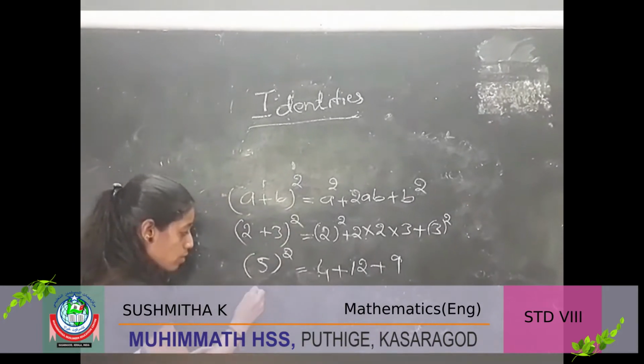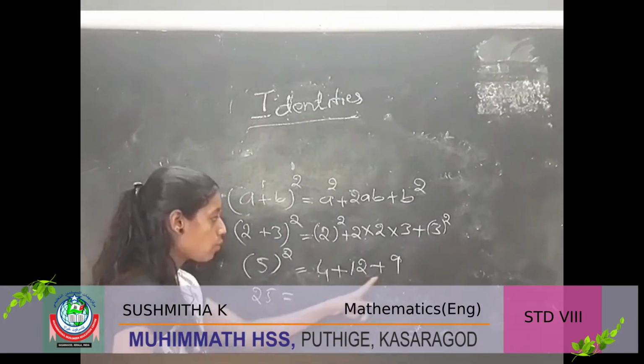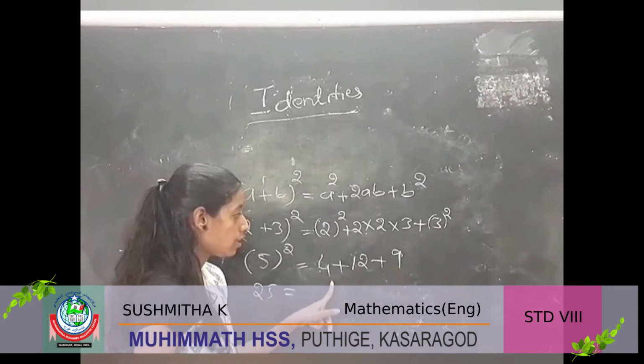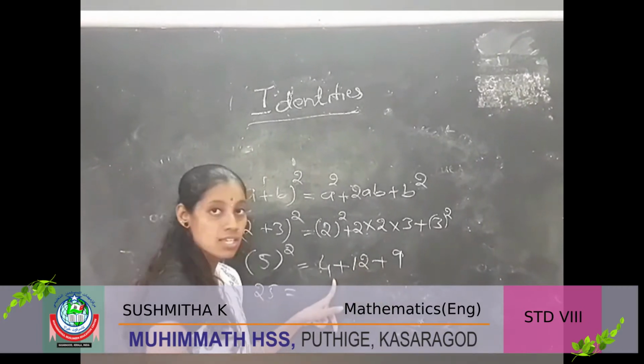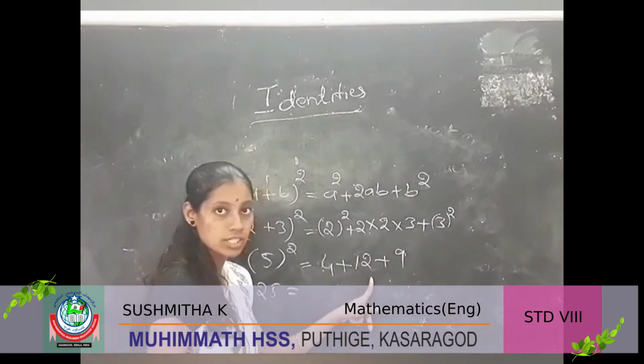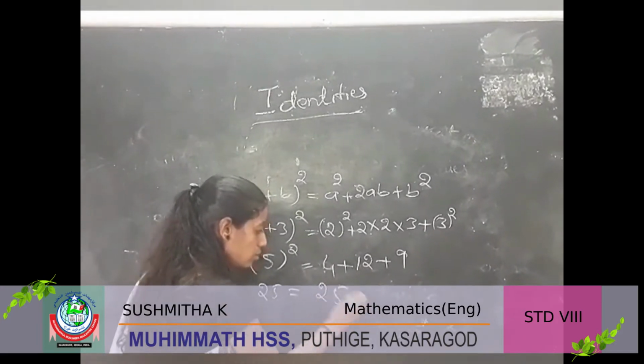So 5 the whole square is 25. The total is 9 plus 4 is 13, and 13 plus 12 is 25.